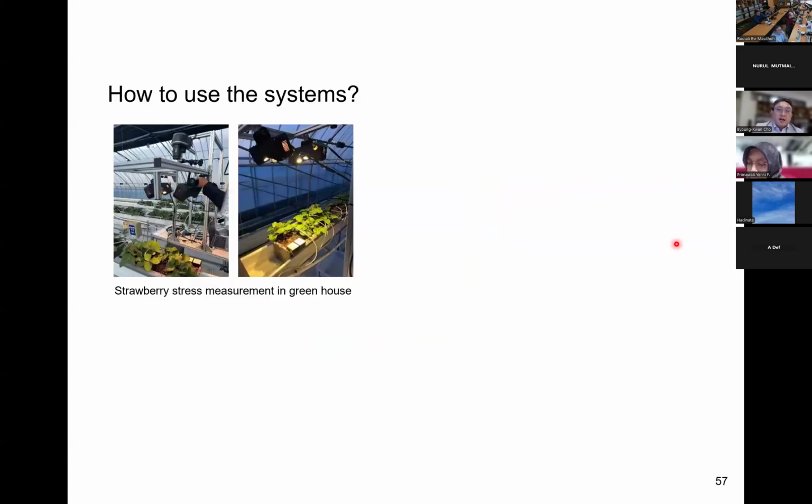All right, and how to use the system? Okay, hyperspectral imaging is expensive and sometimes bulky. We try to use the system in the field, for practical use. That is what we are doing now. So this is a hyperspectral imaging system for strawberry stress measurement in a greenhouse.